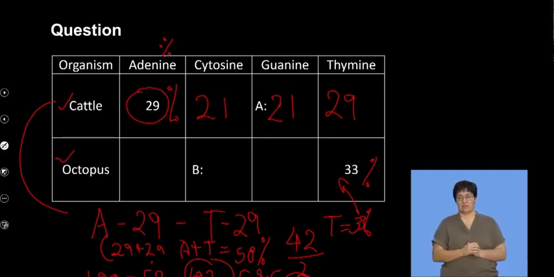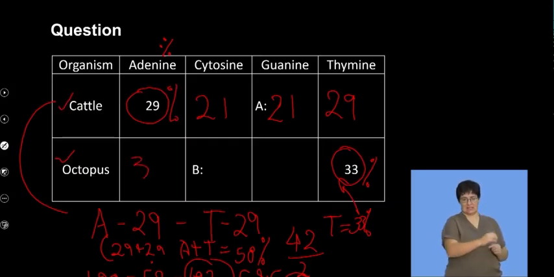If we now apply the same rationale to the octopus, we know that the octopus contains 33% thymine, and we can quickly enter this on the table that there's a proportionately equal amount of adenine, 33%. If we add that up, 33 plus 33 is 66%.